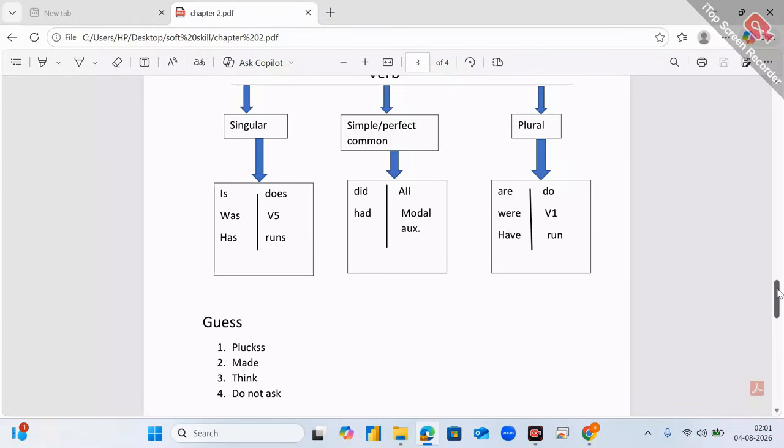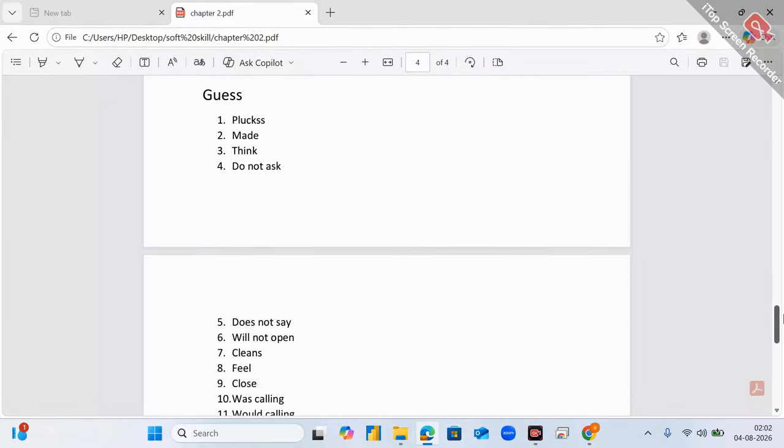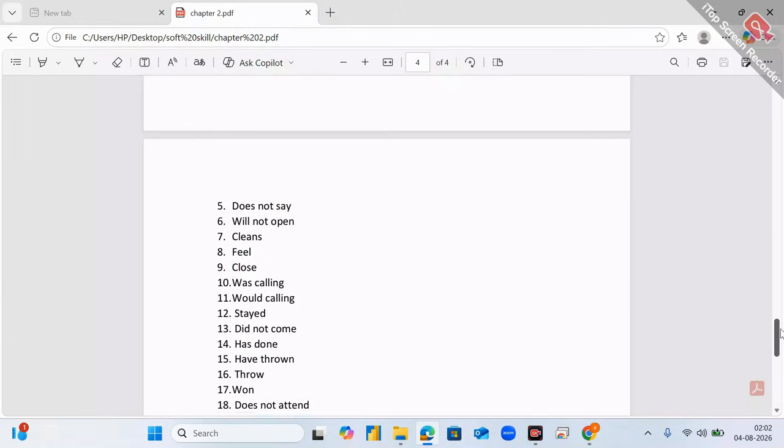Likewise, guess for the remaining examples which I have given here, like does not say, will not open, cleans, fill. Fill is V1, so V1 comes for plural. Close is also V1, so it is also plural.